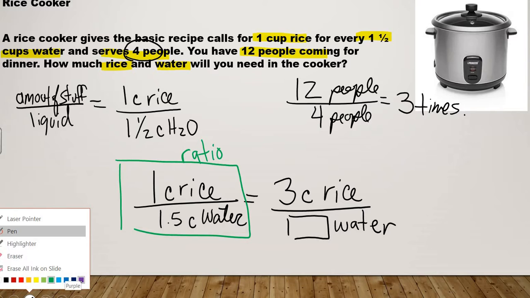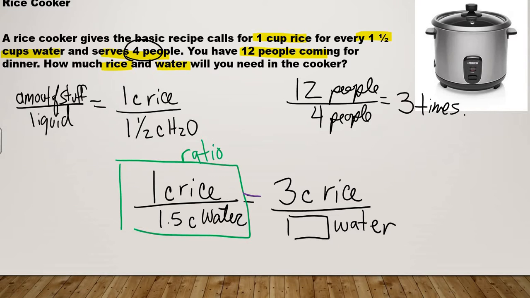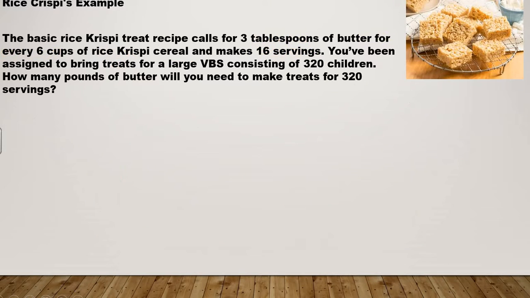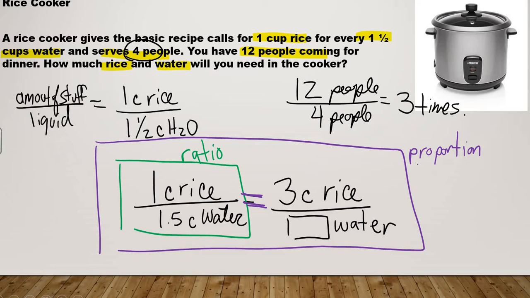When we have an equation of ratios, equation means an equal sign, an equation of a ratio, this is called a proportion. So a ratio is when you have something over something. A proportion is where you have 2 ratios which are equal to each other. It's an equation of ratios. A proportion is an equation of ratios.